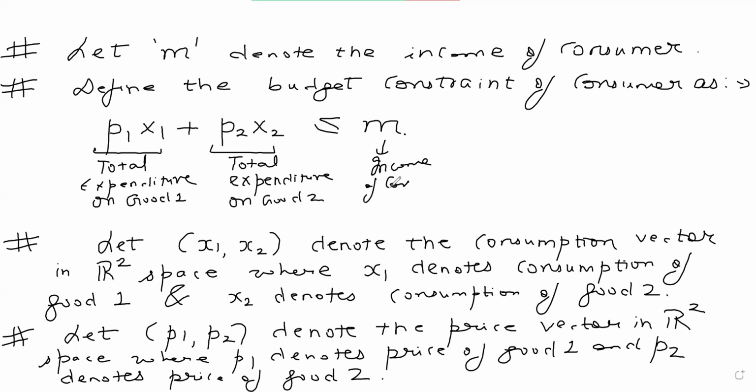This is the equation of the budget constraint. That means your total expenditure on both the goods cannot exceed your income. Remember, we are not allowing for possibility of borrowing here. The consumer cannot borrow. That means whatever he or she is spending should either be equal to his or her income or should be less than his or her income. This is the equation of the budget constraint.